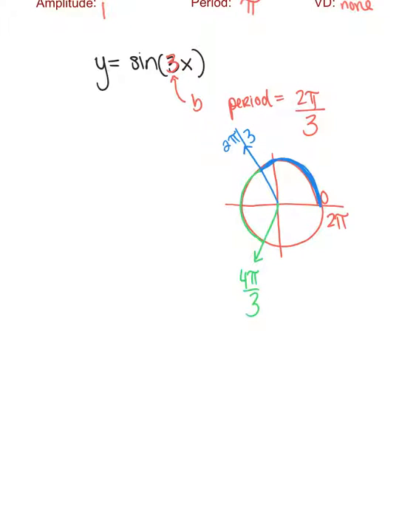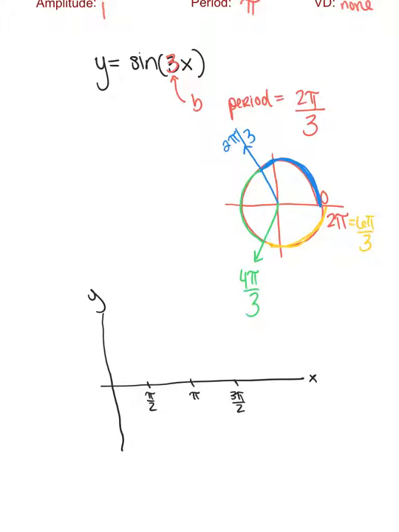And your final wave is going to occur from 4 pi over 3 to 2 pi, or 6 pi over 3. So there you can see how that interval from 0 to 2 pi is going to be split into 3 equal pieces. So I'm only going to go from 0 to 2 pi. Here's my traditional pi over 2, pi, 3 pi over 2, and 2 pi.